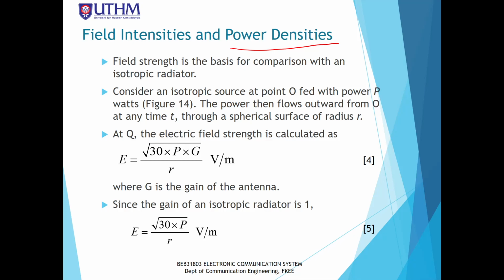The field strength is the basis of comparison with an isotropic radiator. So how do we calculate the E field, electric field? E here means electric field.